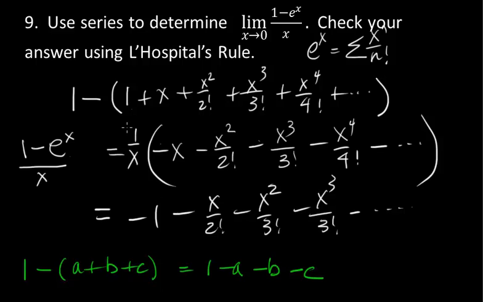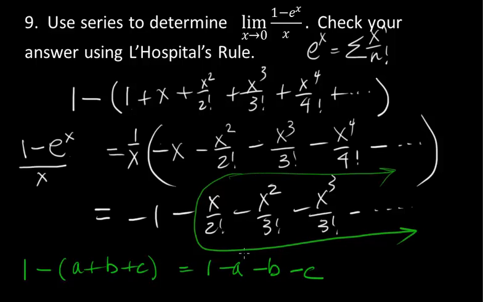Okay, now it said use that series to determine the limit as x approaches 0. Well, as x approaches 0, every one of these terms from there on out is 0 when you plug 0 in for x. And so our limit is minus 1. So we would say the limit of this is, I'll just write arrow minus 1 here.